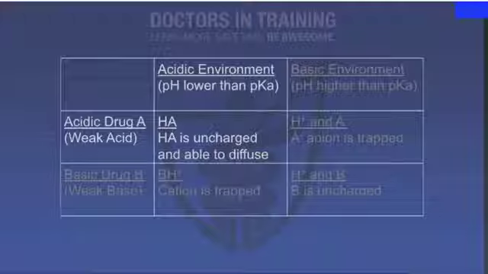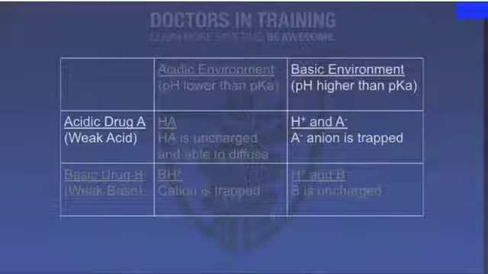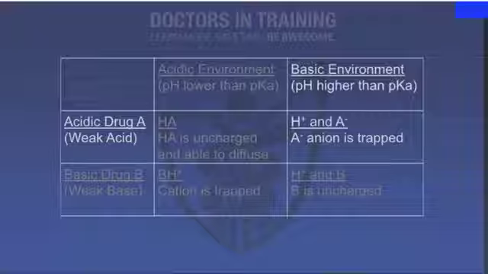And all that drug is going to be reabsorbed in the kidney's distal tubules. Now, if you have the same drug that's in an alkaline urine, and so the pH is now greater than the pKa, which form of the drug is going to predominate? Well, it's the non-protonated form of the drug, and the non-protonated form of that acidic drug is A-. So that A- anion is trapped in the urine, and it will be excreted rapidly.